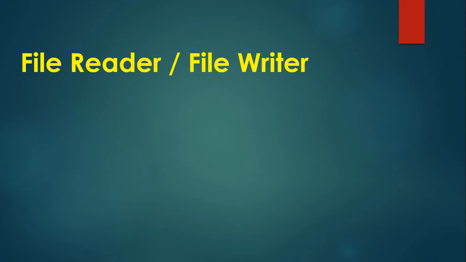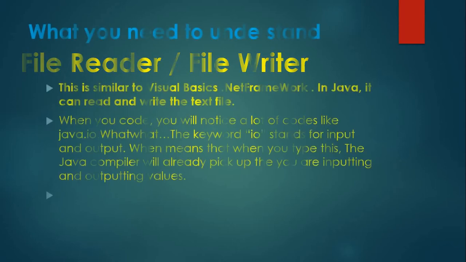And then the file writer, what it does, it creates a text file within that project folder, and you can type whatever you wanted to say. It will be displayed in the text file. So let's get into it.